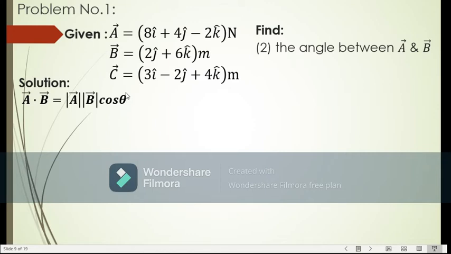And this theta is the angle between A and B. So we are looking for the value of this theta. Out of this equation, we can derive that cosine theta is equal to the dot product of A and B divided by the magnitude of A multiplied by the magnitude of B.